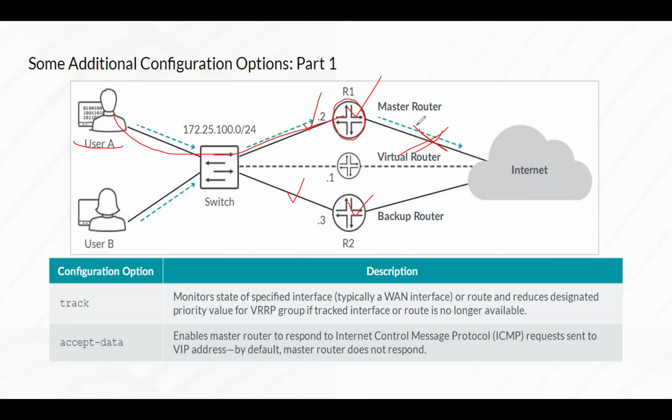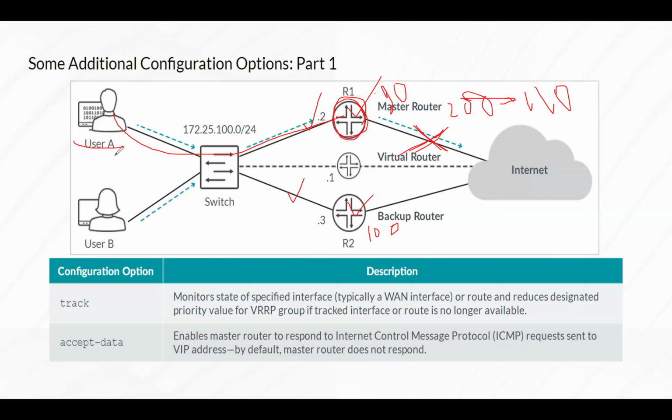In that case, if the WAN connectivity goes down, you can decrease your priority. If you decrease your priority, like 200 minus 110, that means when the link is down, the router's priority will be 90 and the backup router priority is 100. So router 2 will be the master router.